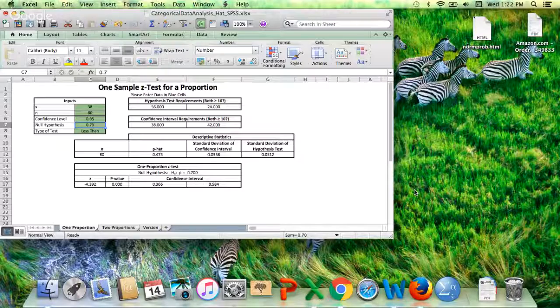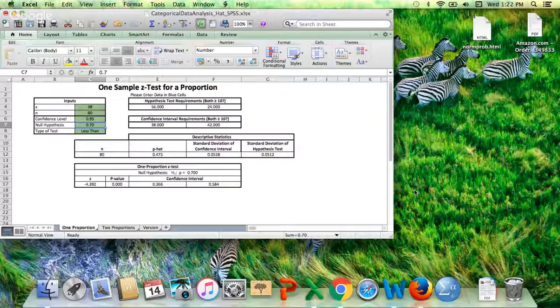Okay, so let's look. What are we asking here? Well, X over N equals the P with the hat. So 38 over 80. Yeah, that's right.